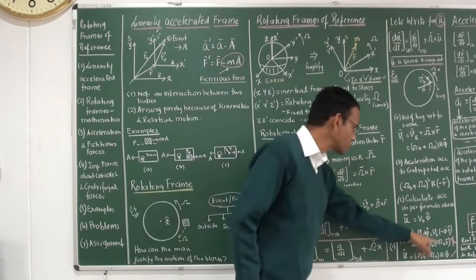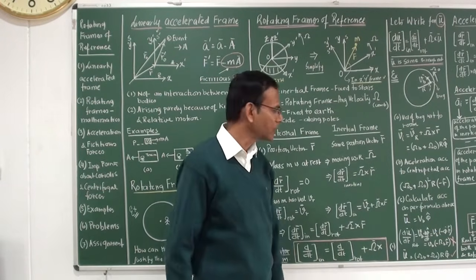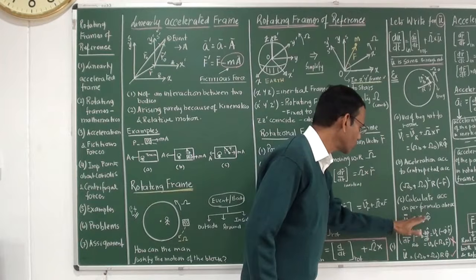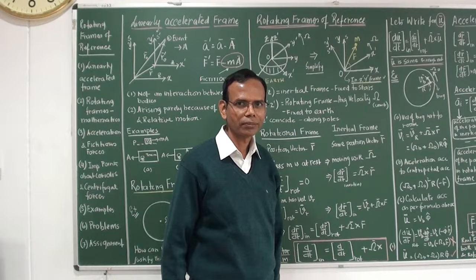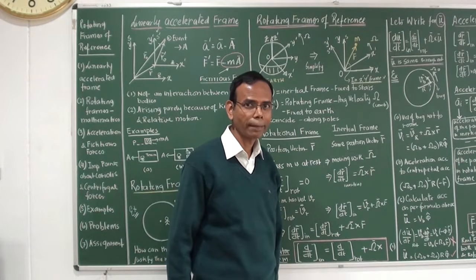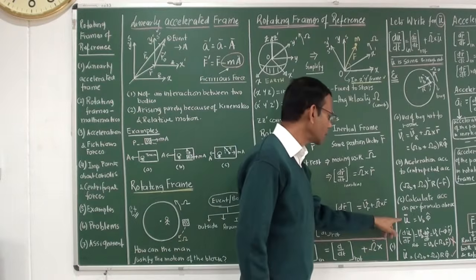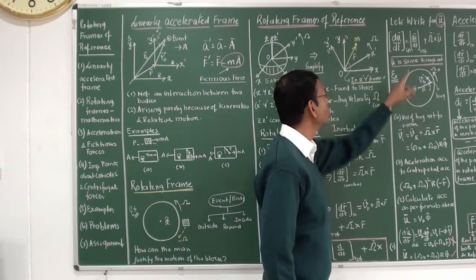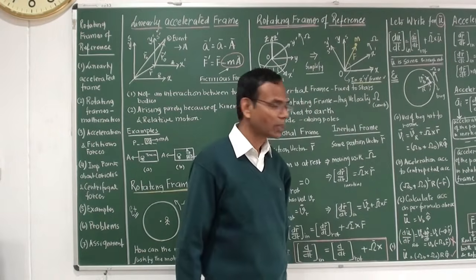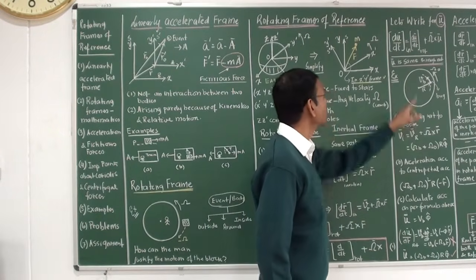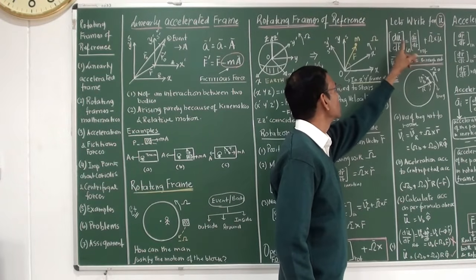Now here, as you see, I have put a cross. Why? Because whatever we are doing will not give the correct answer. Where is the mistake? As you see, when I write u here, that is u rotational. But here, this u is u inertial.